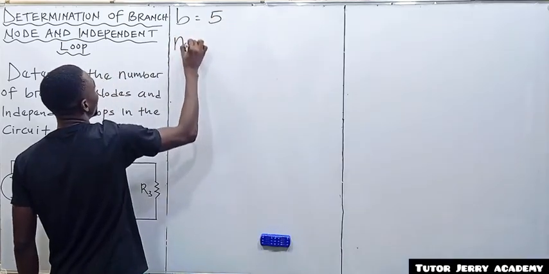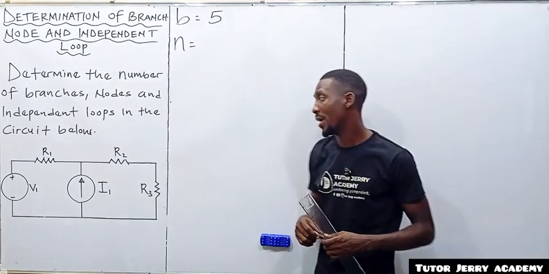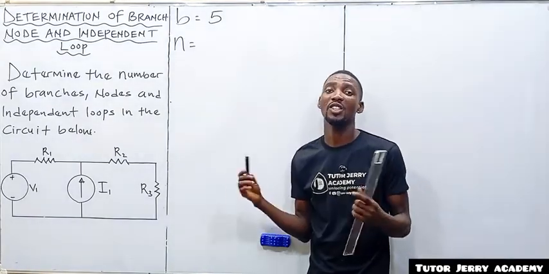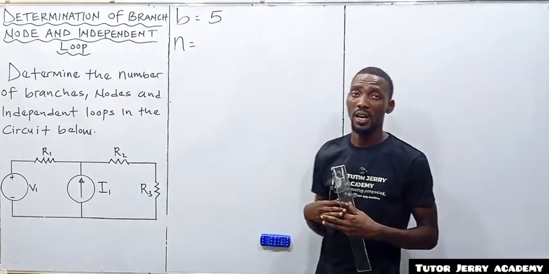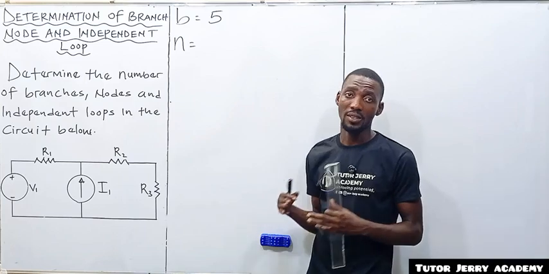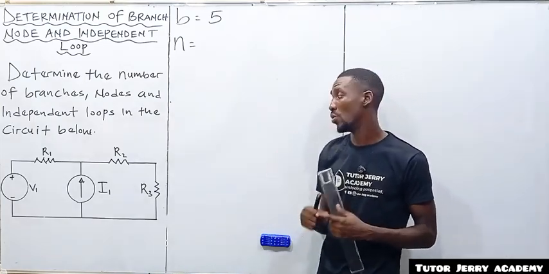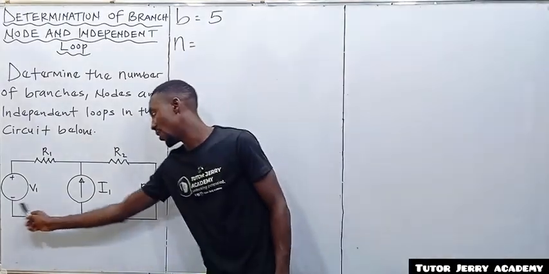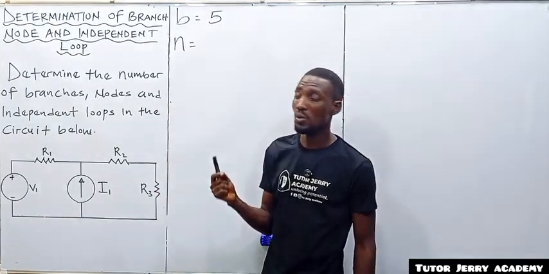So what about the node? All right, a node is a connection point between two or more branches, and if we have a short circuit or a single wire connecting two or more branches together, such a wire is treated as a single node. All right, if you look at everything that we have here, it's going to be treated as a single node.